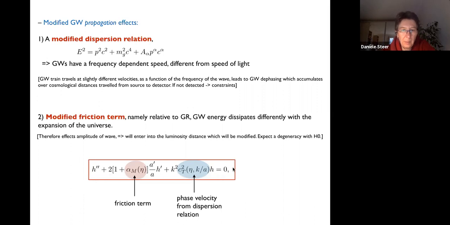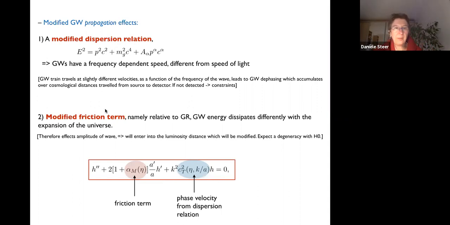So here's our same propagation equation for the gravitational waves in conformal time. In general relativity, we had this friction term, alpha m equals 0. So that was a 2 calH times h prime. And we had a propagation velocity term here, which I set equal to 1, or in other words, the speed of light.